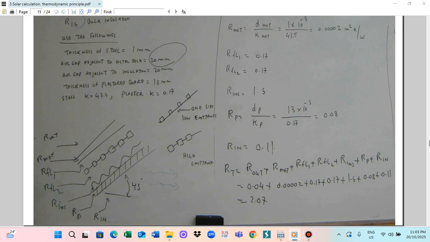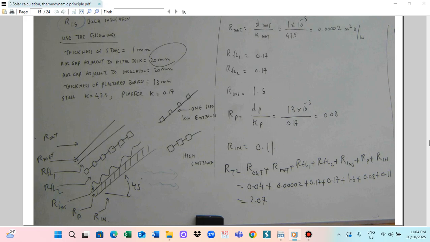One is the air gap, a 20 millimeter wedge or 100 millimeter wedge. So which one should be selected? High emittance, because of the laminated foil. Laminated foil is high emittance. So both sides are high emittance because this is the laminated foil here.